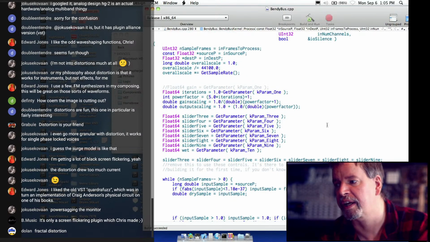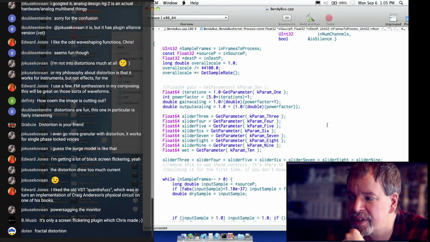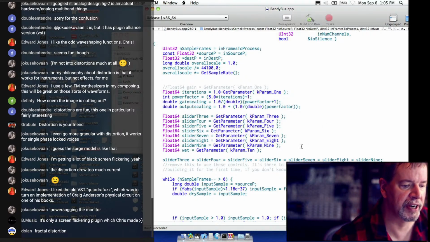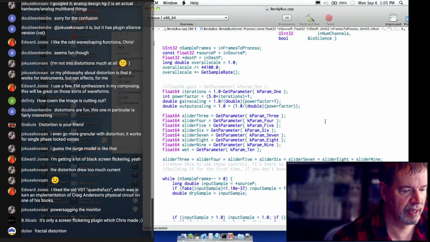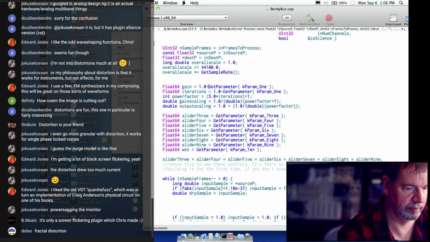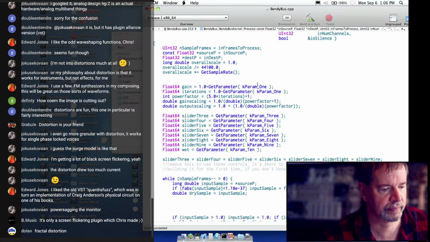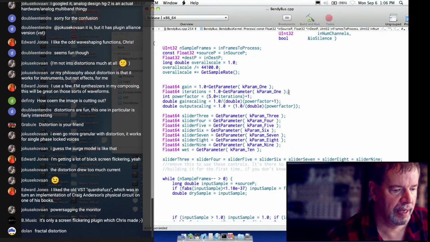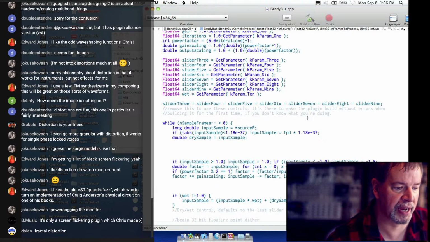Just because this is like a dumb tube tricks thing, I have an idea. Gain equals 1.0 plus param 1 and 1.0 minus param 1 and all of the different things that one can have.